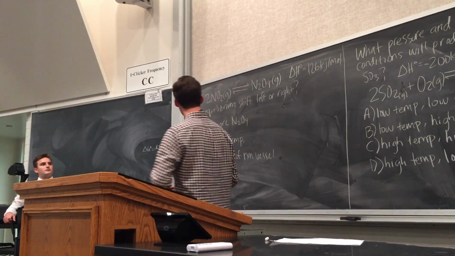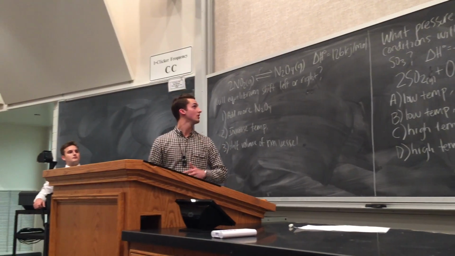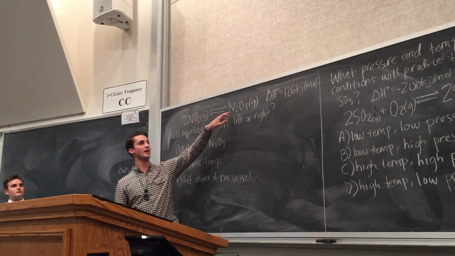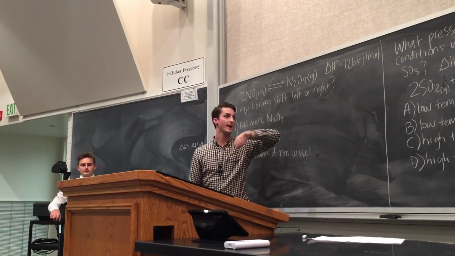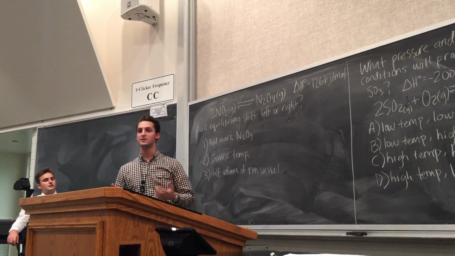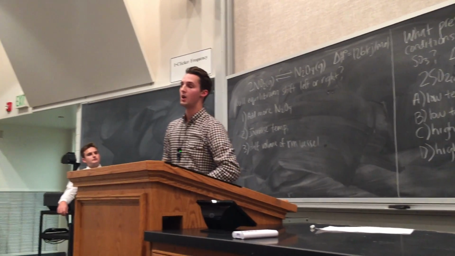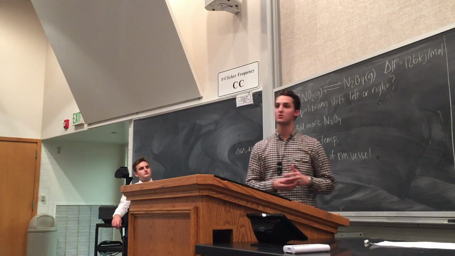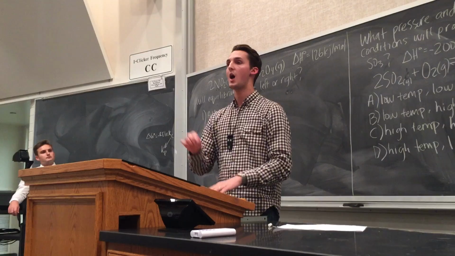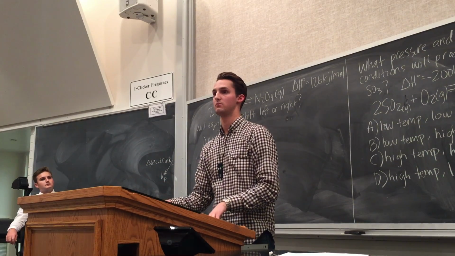Okay? So for our first example, we have this equilibrium reaction right here. 2NO2 is making N2O4. Okay? And then I've laid out a couple things that we're going to talk about to see how this equilibrium is going to shift. One thing to understand conceptually is that the equilibrium will always do the opposite of what you do to it.